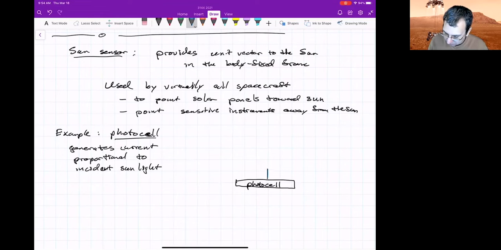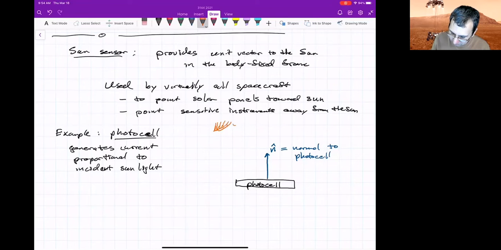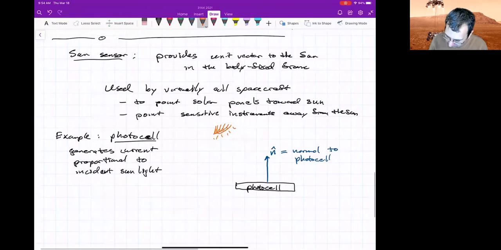So maybe I'll call that, hopefully it's not confusing, N hat. It's the normal to the photocell. And then we've got the sun somewhere, let's say over here. Here's my sun with all of its rays. And light is coming in from the sun. Right, it's hitting the photocell from the direction of the sun.